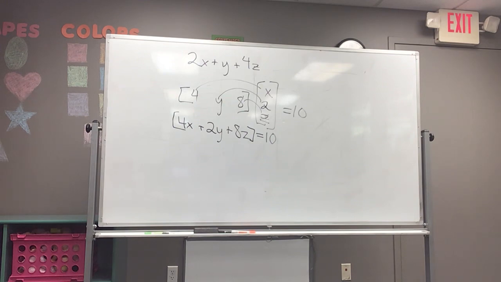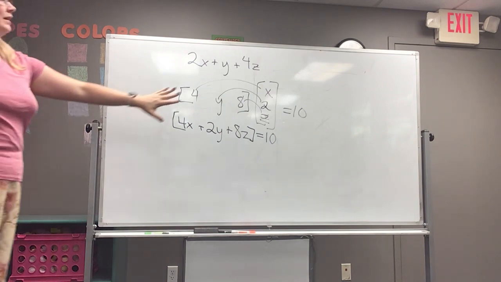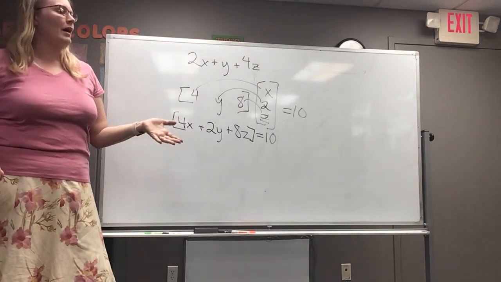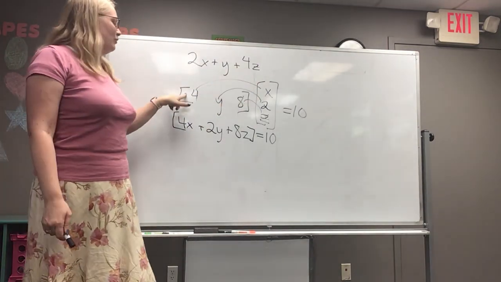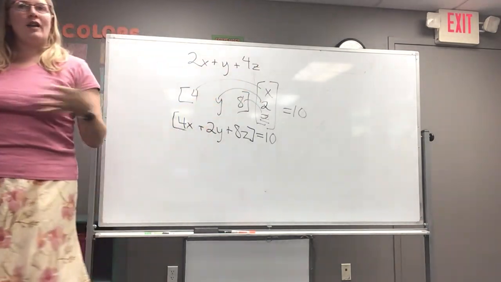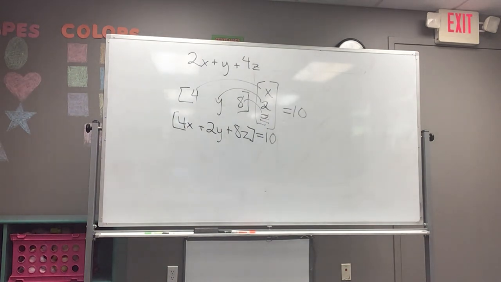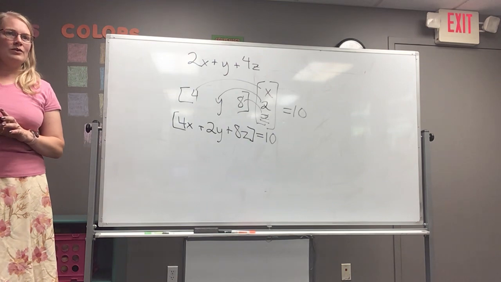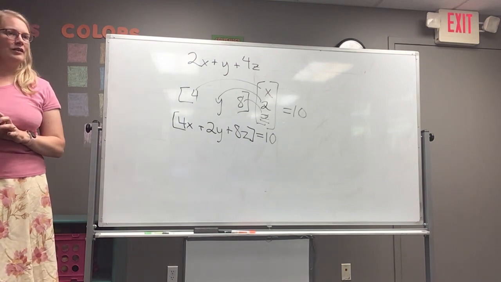If we were multiplying it the other way, and x to z had been first, our answer would have been 3 by 3, and you would have ended up with x times 4, x times y, x times 8, and you would have all of those pieces. But especially for this one, we just have to multiply the pieces and add them together. So this is the matrix setup. What do we do next from here?